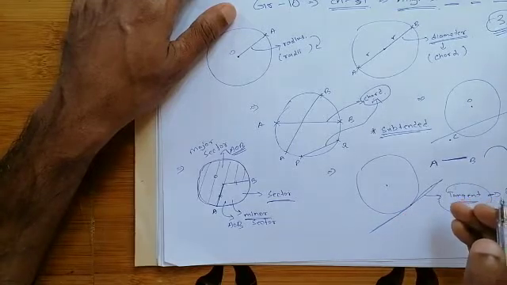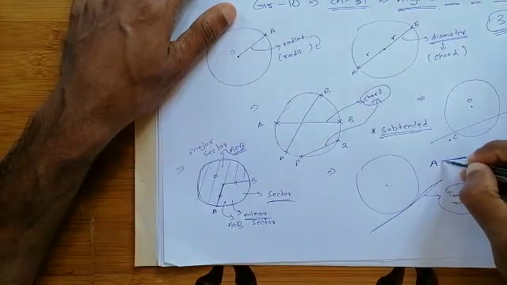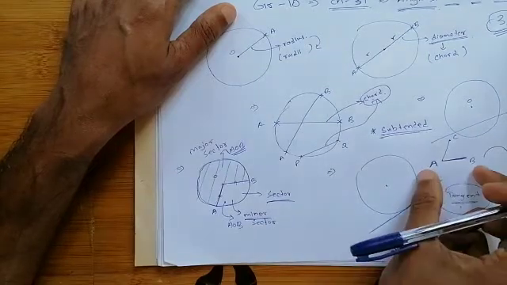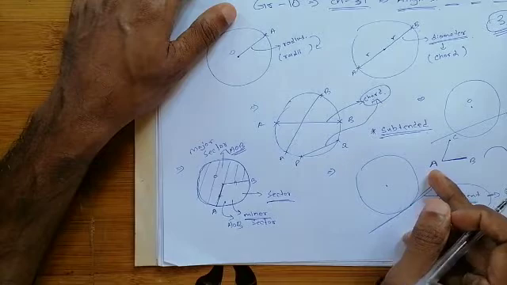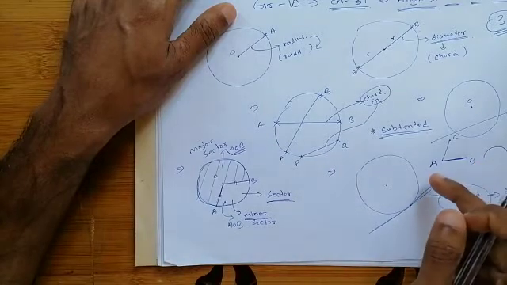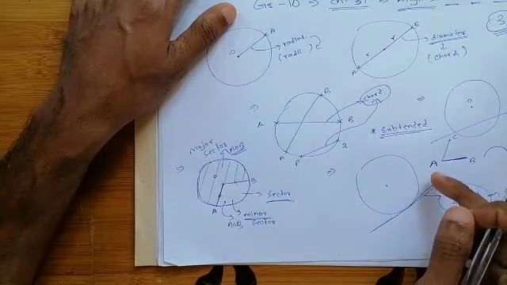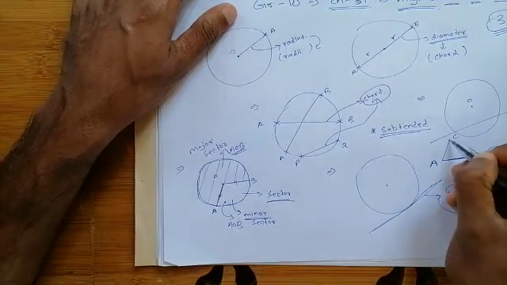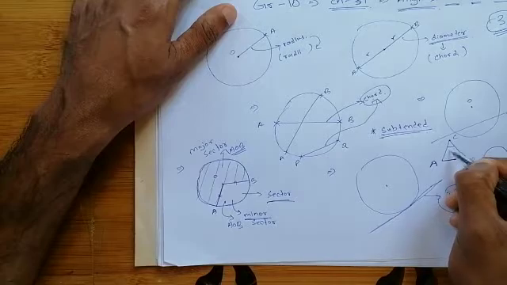If you connect the ending points of the straight line AB, one end is A and the other end is B, to C, that is A to C and B to C, you will have an angle here.